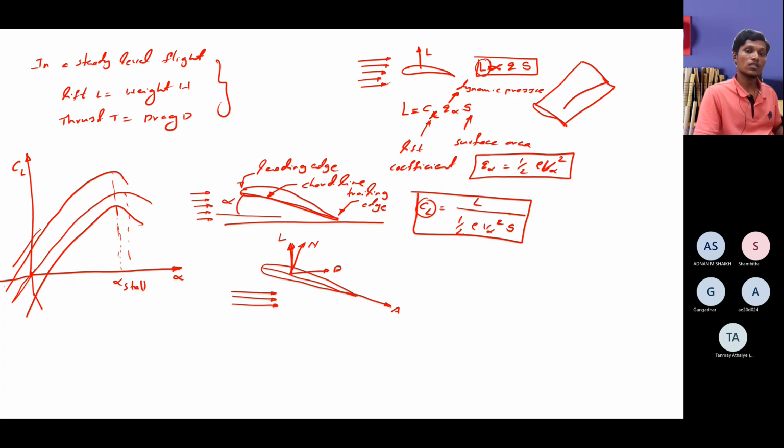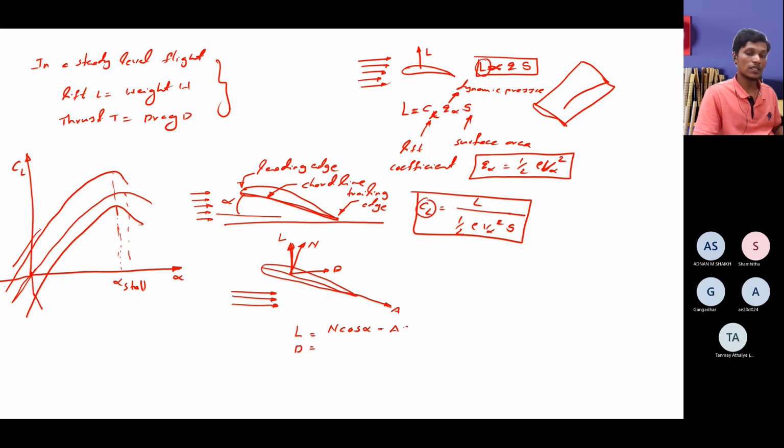It is easier to measure the normal force and axial force, and it is necessary to convert from normal and axial force to lift and drag by using some transformation. You can find the lift and drag components using these equations. L equals N cos alpha minus A sin alpha, where alpha is your angle of attack.